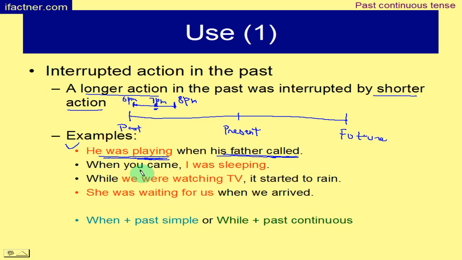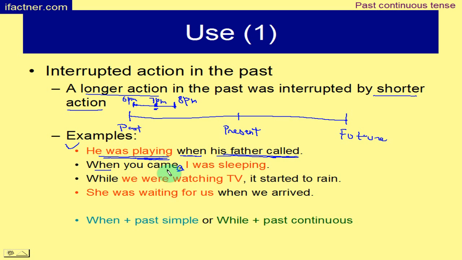When you came, comma, I was sleeping. You see that when we use the word when within the sentence, then we do not use comma. But when the sentence starts with when, then we have got a comma in the sentence.